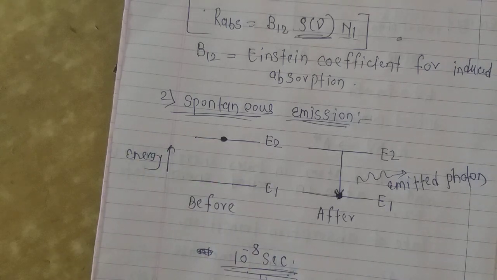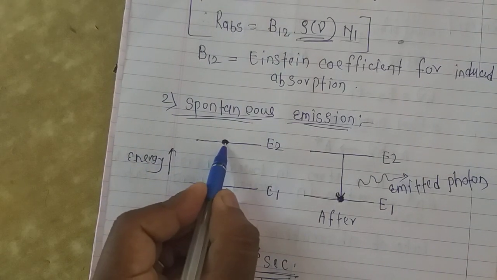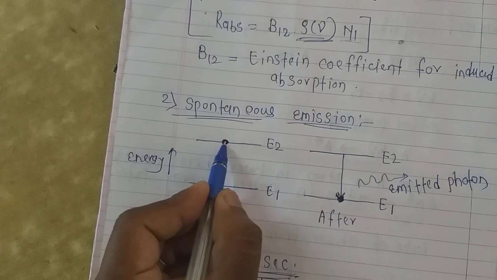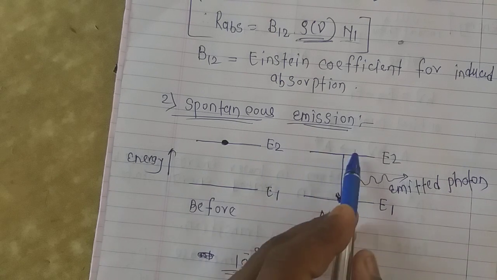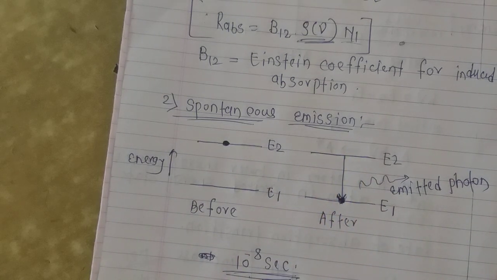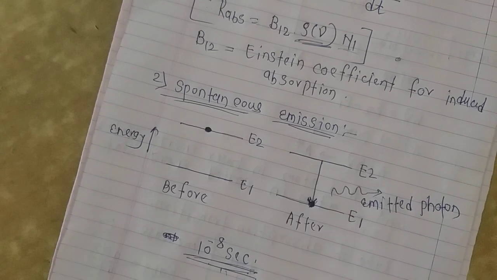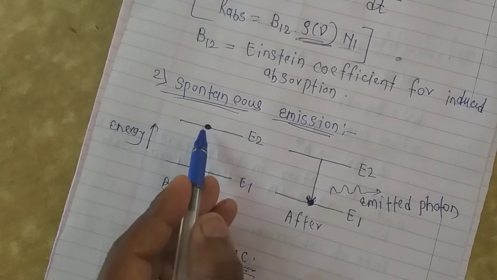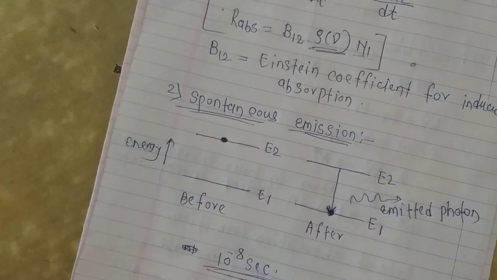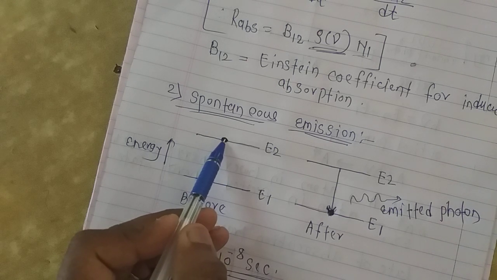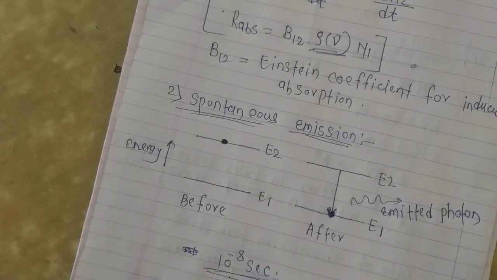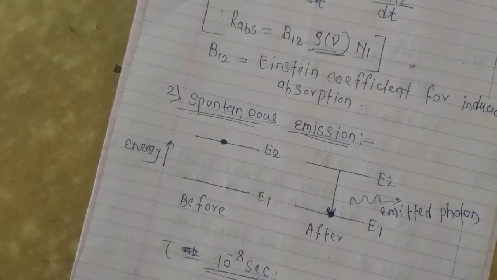That excited atom cannot stay more than 10 raised to minus 8 second, and after 10 raised to minus 8 second, that excited atom goes down to the lower energy level E1. In absorption, the atom absorbs the photon and becomes the excited atom, and that atom cannot stay more than 10 raised to minus 8 second, that is tau, the average lifetime.